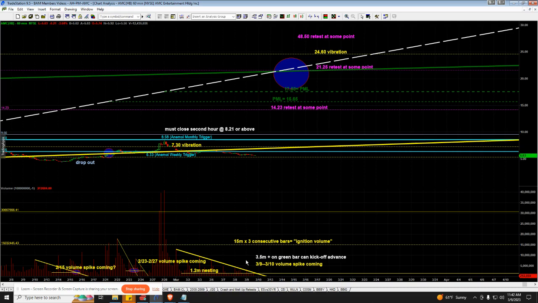We have the backdrop of the major market averages getting whacked today. And it looks like we're stabilizing here, at least for the moment.